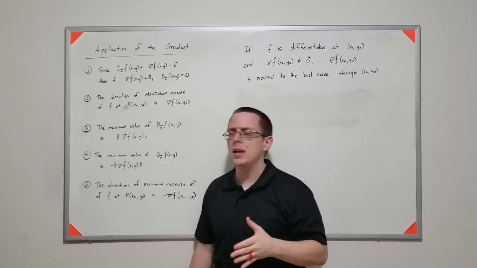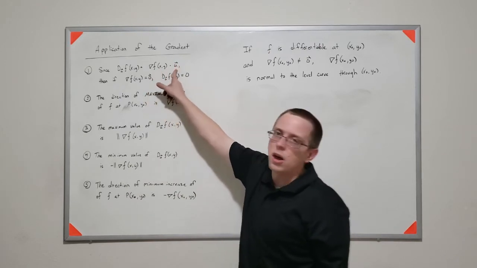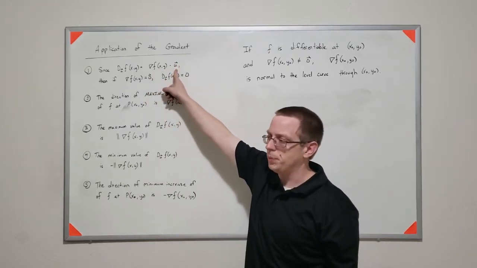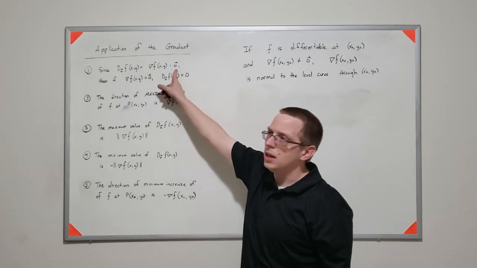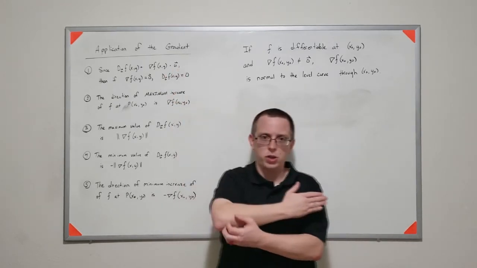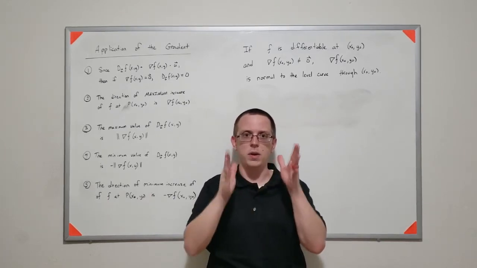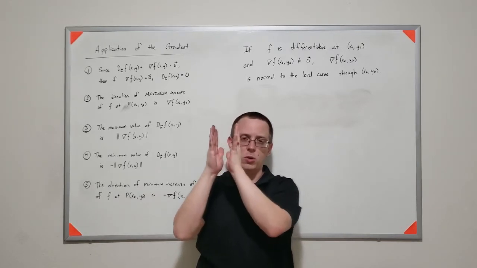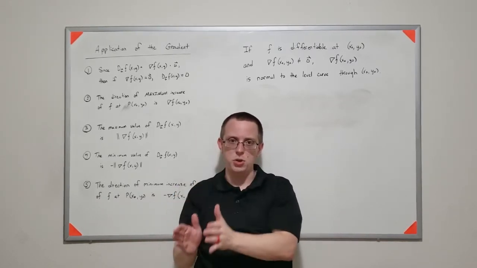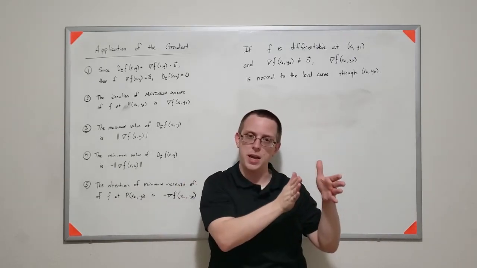The reason for that is that if we go back to this piece, it's the gradient dotted with some sort of unit vector. If it's in the direction of the gradient, so the gradient dotted with itself, think about the dot product, right? u dot v is the magnitude of u times the magnitude of v times the cosine of the angle between them.